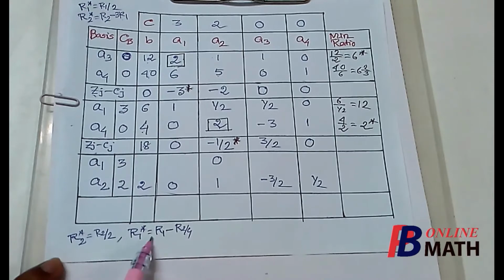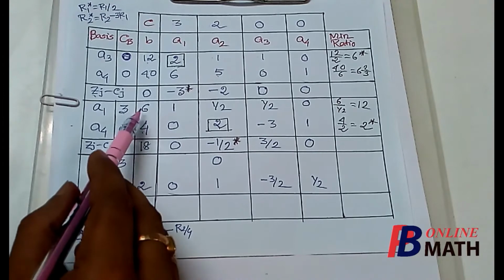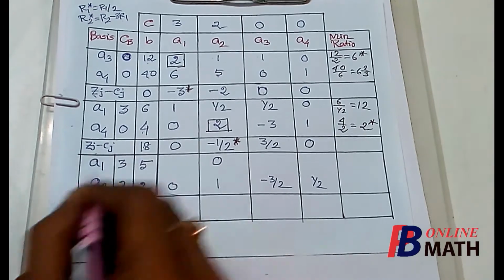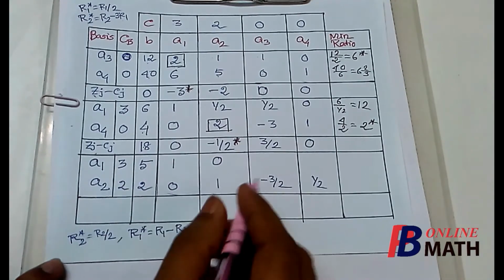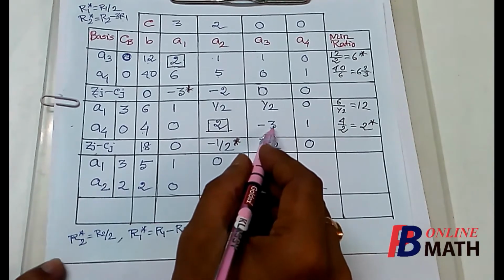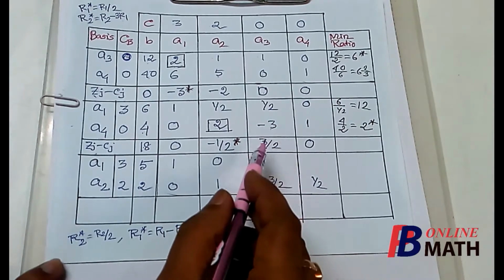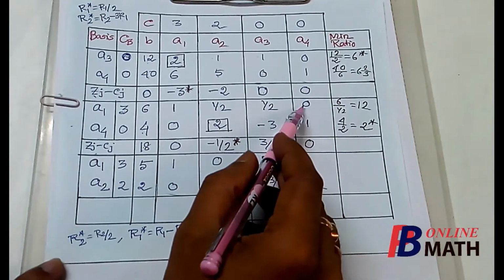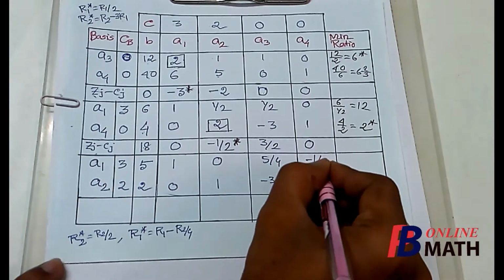So 6 minus 4 by 4, so 6 minus 1, that will be 5. Now this element will be this minus 0 by 4, which is 1. Now this element will be 1 by 2 minus 3 by 4, so half plus 3 by 4, so it will be 5 by 4. And finally this minus this by 4, so minus 1 by 4.